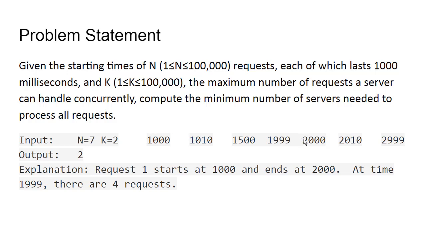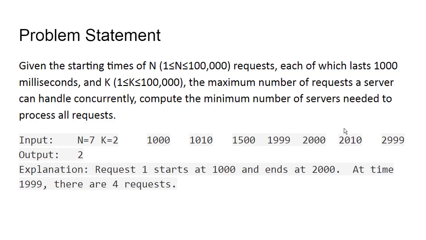That's not the case, because at time 2,000 sharp, the first request finished because it only lasts 1,000 milliseconds, and then the fifth request starts. So we still only have 4 requests that are active. Similarly, at time 2,010, the second request is finished, and then we have a new request.